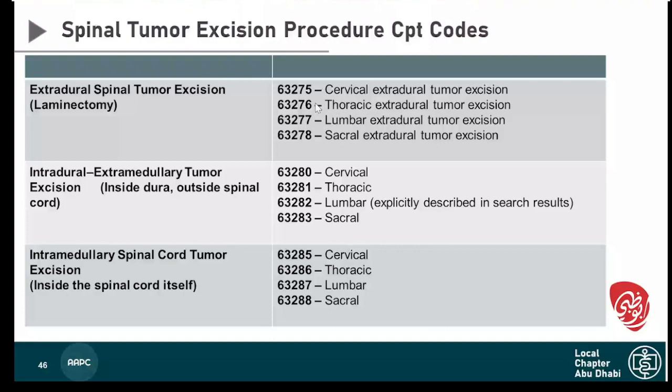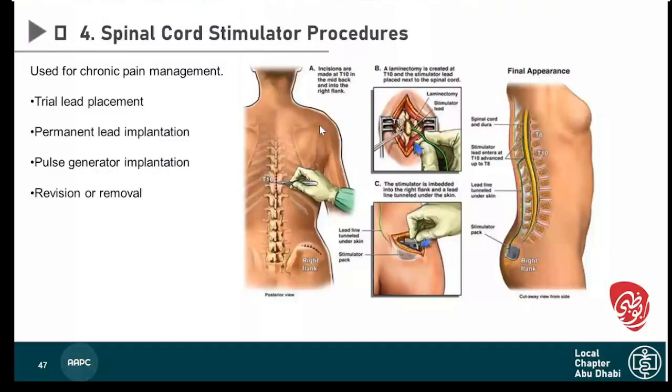Next comes spinal cord stimulator procedures. The SCS procedure is mainly used to treat chronic pain. In this procedure, there are two components: the trial lead and one pulse generator. These are implanted into the human body to treat the chronic pain.